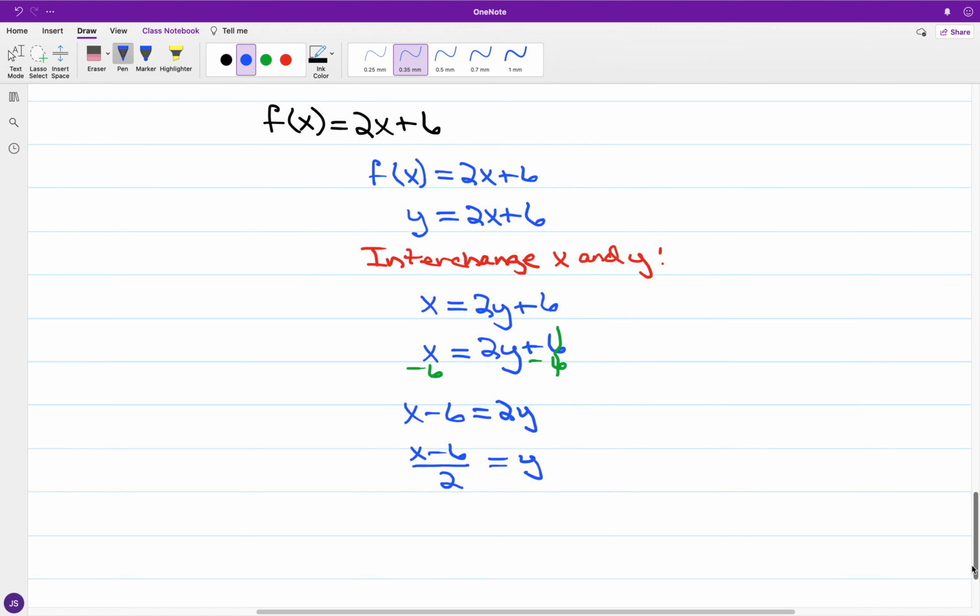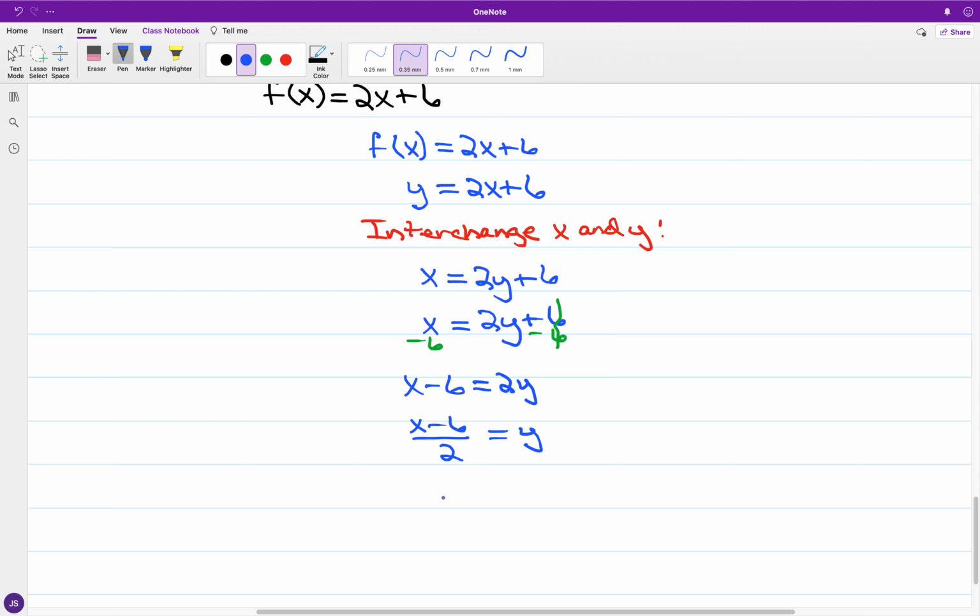And what I can do here is just have the y term on the left hand side, taking the commutative property of equality, like going from a is equal to b to b is equal to a. So you have y is equal to x minus 6 all over 2.